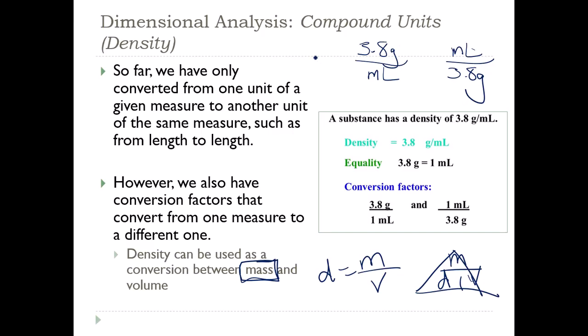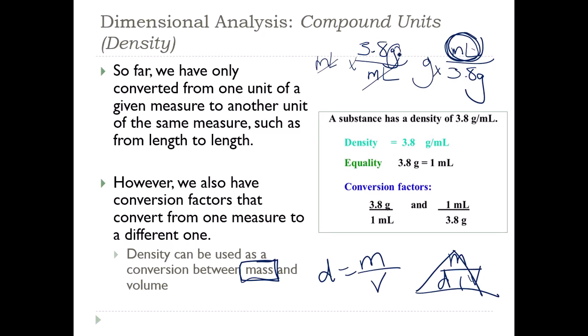If I have the volume in mLs and multiply by the density, the mLs cancel out and I'm left with grams. Or if I have the grams, I divide by the density. So mass divided by the density, and I'm left with units of volume.